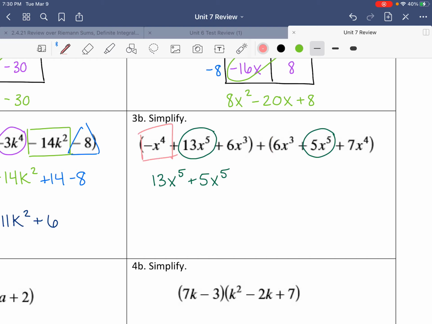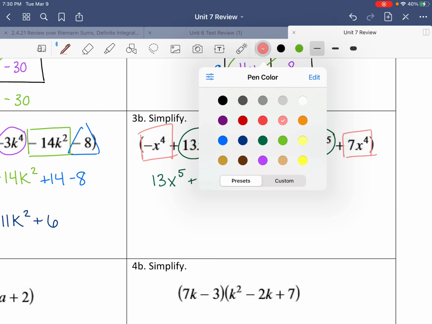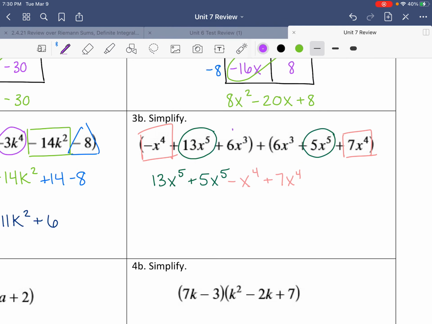So it's going to be negative x to the 4th and 7x to the 4th. Then I have 6x to the 3rd and 6x to the 3rd.